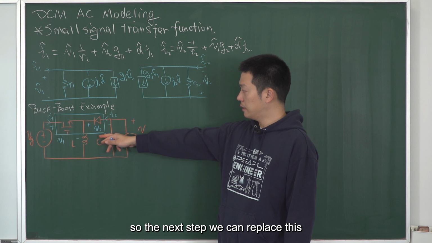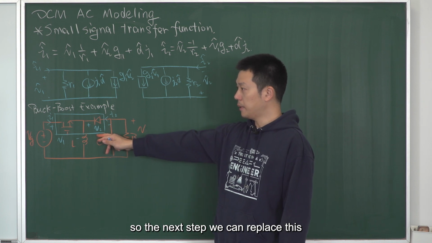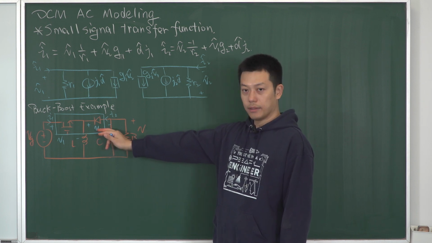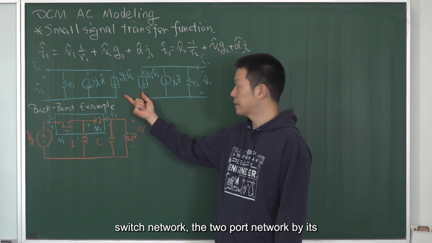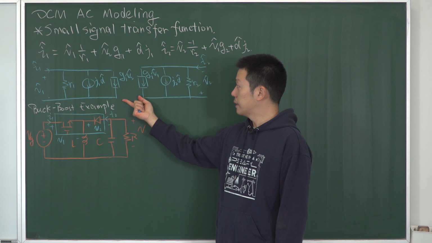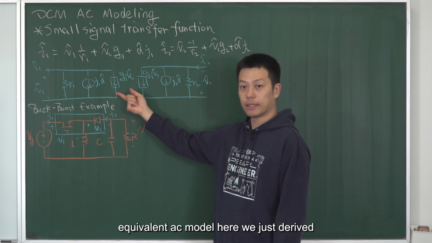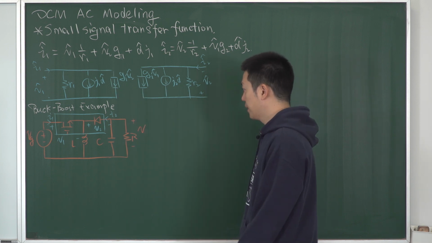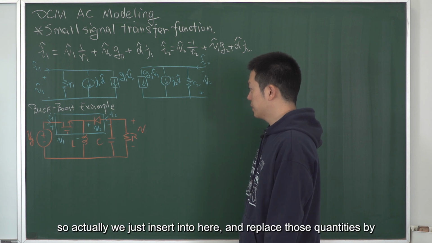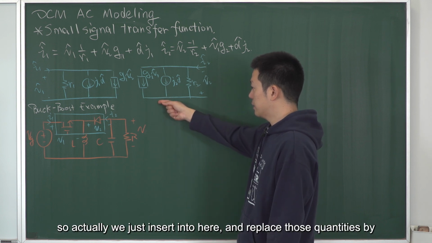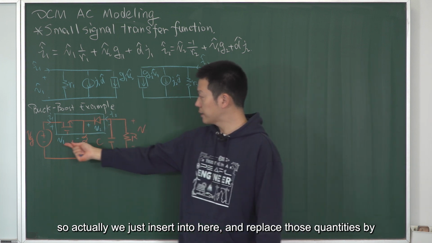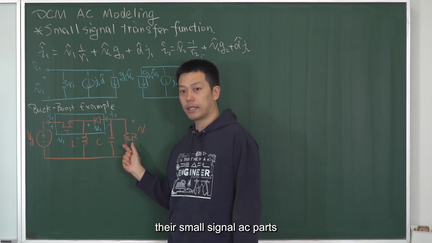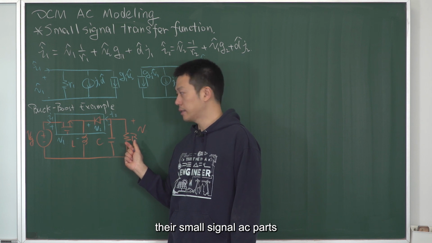So the next step, we can replace this switch network, the two-port network, by the equivalent AC model we just derived. So actually we just insert it into here, right? And replace those quantities by their small signal AC parts.